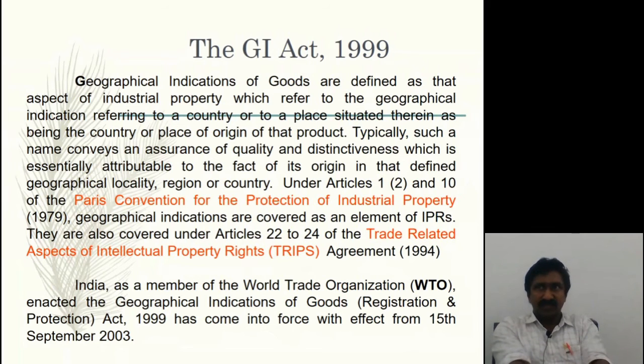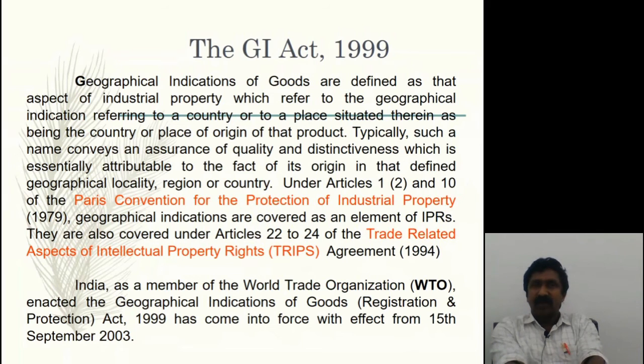So typically the name conveys an assurance of the quality and distinctiveness, which is essentially attributable to the fact of its origin in that defined geographical locality, region, or country, which means the quality of the product is linked with the locality in which it is made.